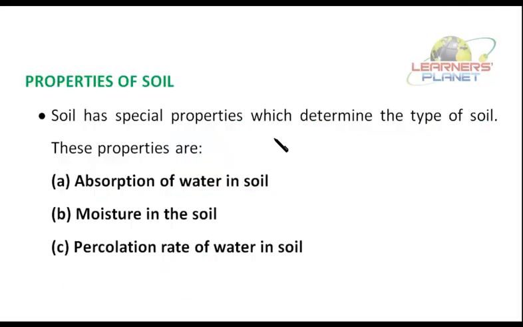Students, soil has special properties which determine the type of soil, and these properties are absorption of water in soil, moisture in the soil, and percolation rate of water in the soil. So now let us discuss all these properties of soil in detail.